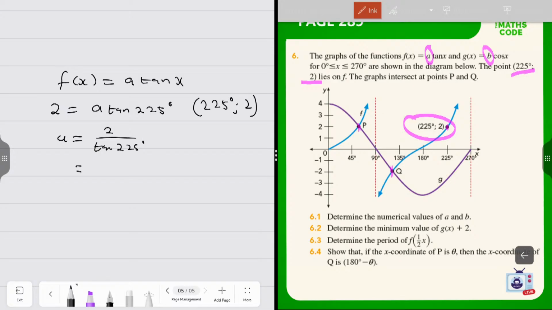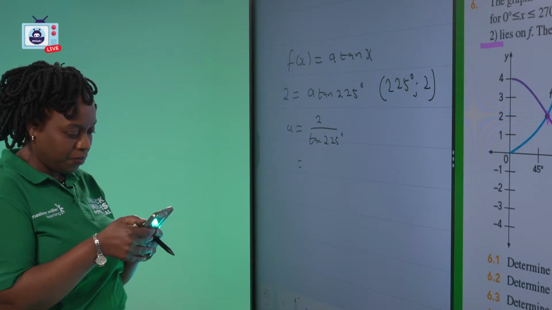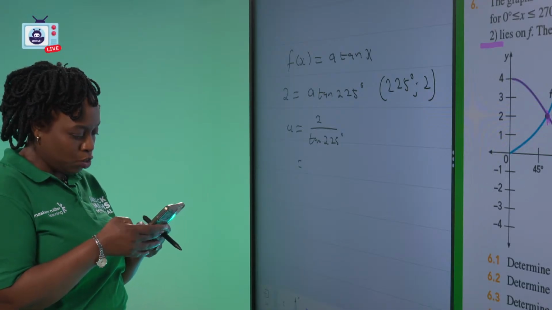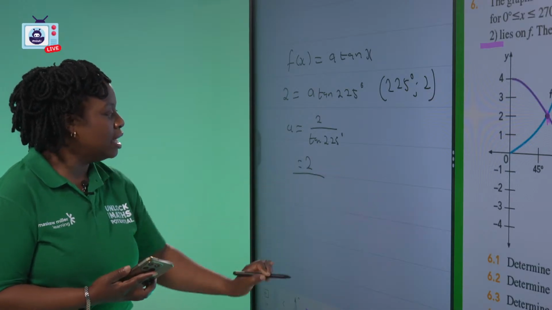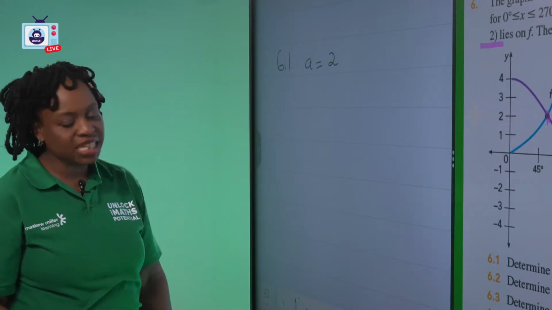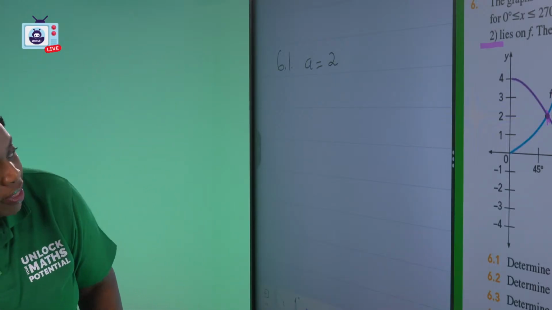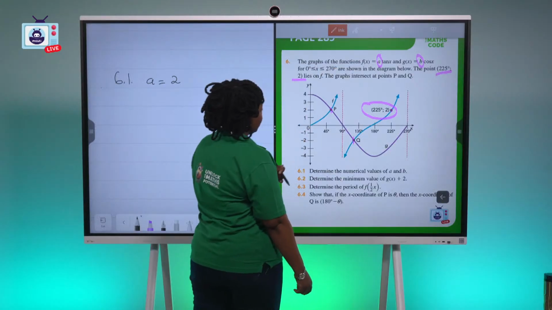If you calculate that, you should get the answer. Let's see, if I do that, tan of 225 is actually giving me 1, so A is 2. So you see, my answer when I said it is literally just 2 is coming from that. You don't really have to calculate. You can read from the graph.